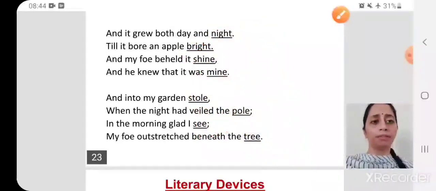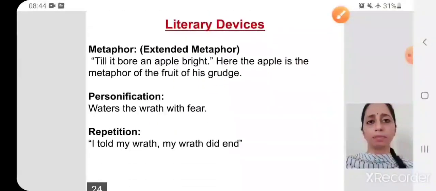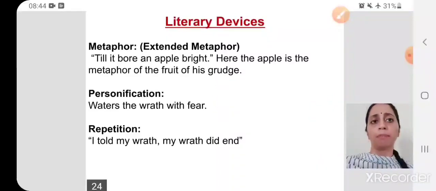Proceeding further, let us see the figures of speech. The first one is metaphor. In this poem, we have an extended metaphor used. Look at the line, till it bore an apple bright. Here, the apple is the metaphor of the fruit of his grudge.